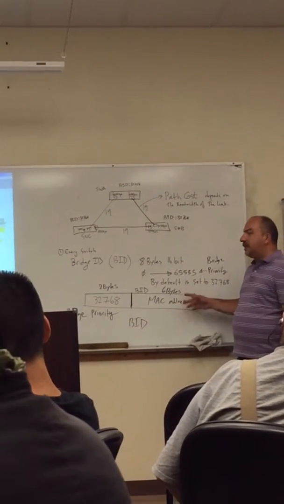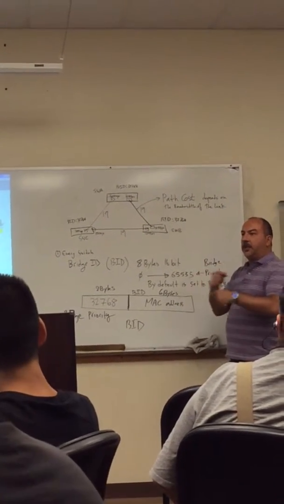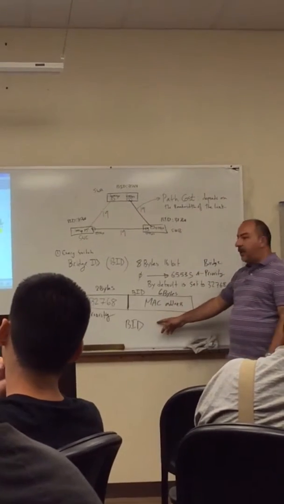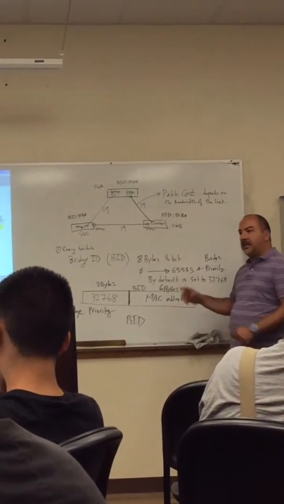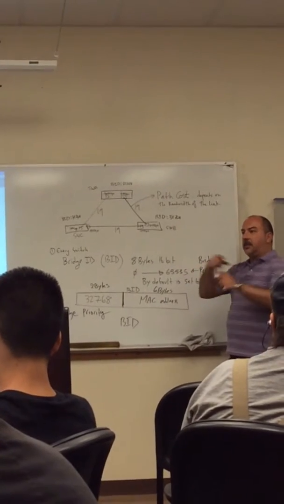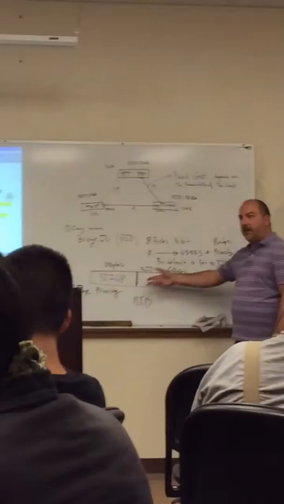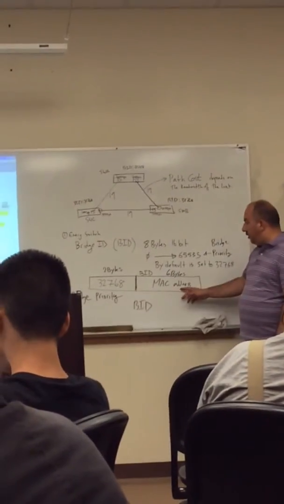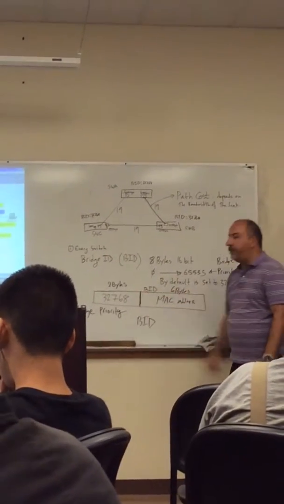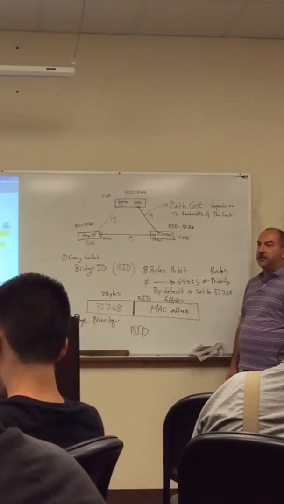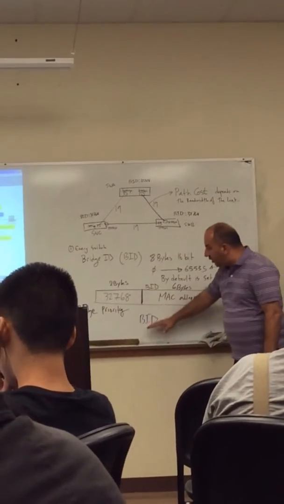These are the ones that get exchanged between the switches. The STP protocol will send these BIDs between all switches, and they are going to compare each other's MAC address and bridge priority. So this is called the BID.